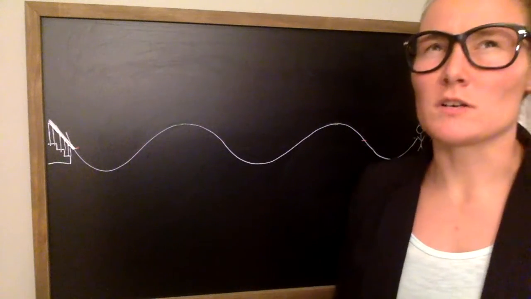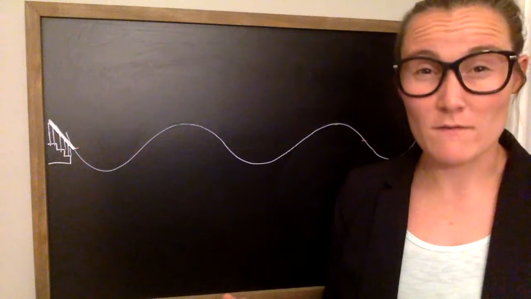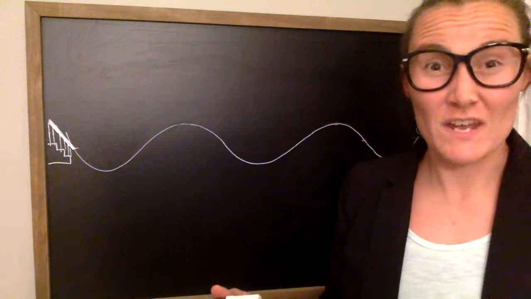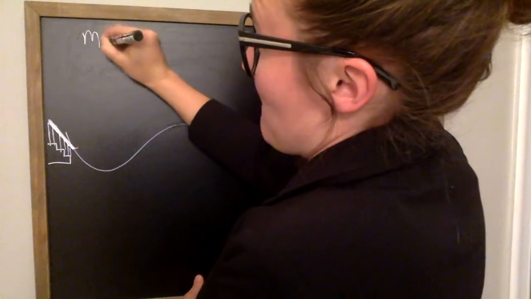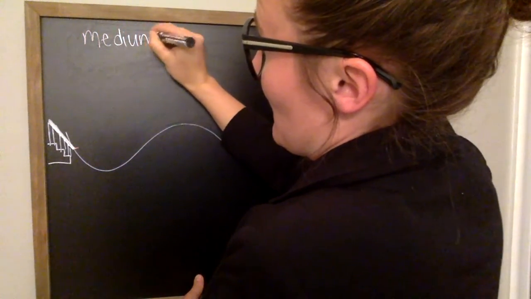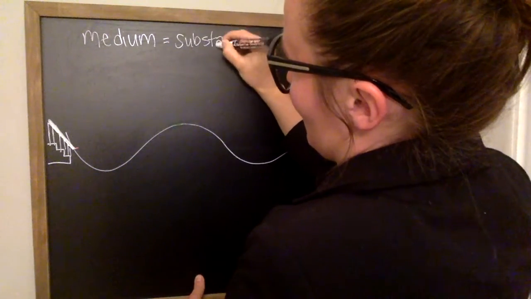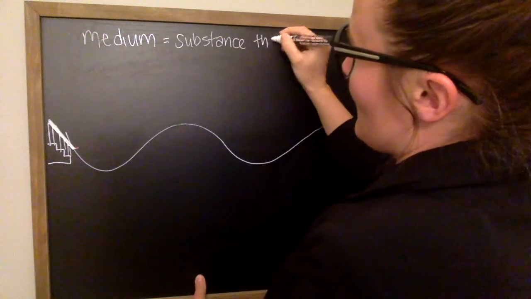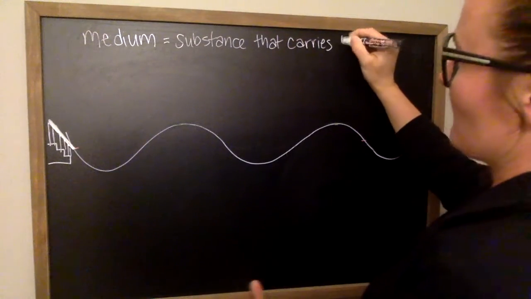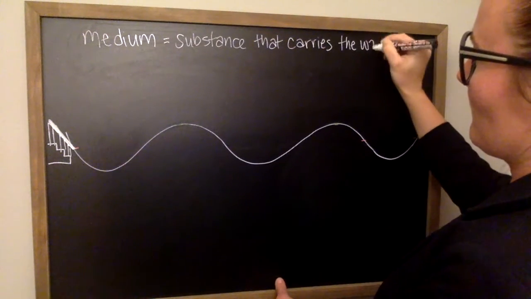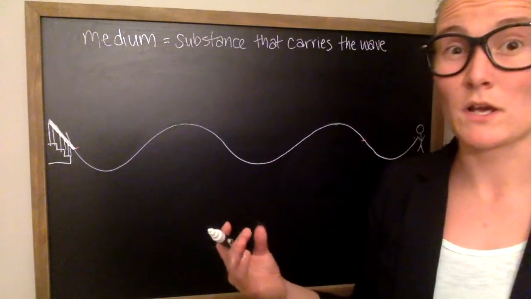So thinking about our experiment on Monday, in order for us to actually be able to see a wave, we need kind of a substance that energy is traveling through, and that we call a medium. So the medium of a wave is a substance that carries the energy. We can have all different kinds of mediums when it comes to waves.